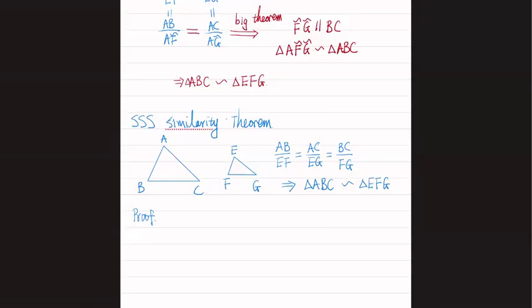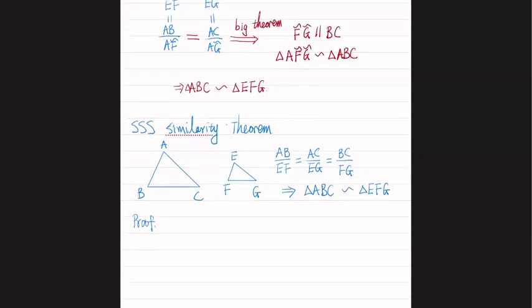We want to create a copy of this triangle over there that are congruent. Okay, where do we start? We will start with exactly the same thing we had before.